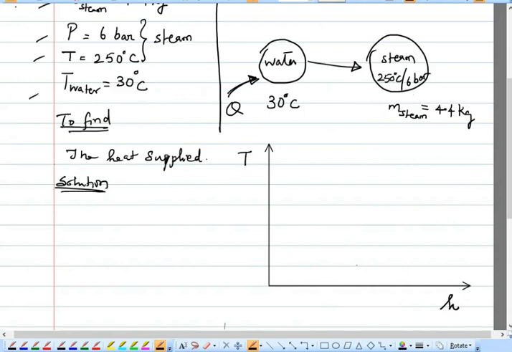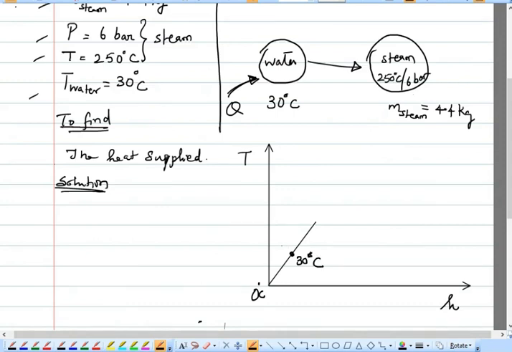I am heating the water from what temperature? From 30 degrees Celsius. You take this as 0 degrees Celsius. But I am heating the water only from 30 degrees Celsius.